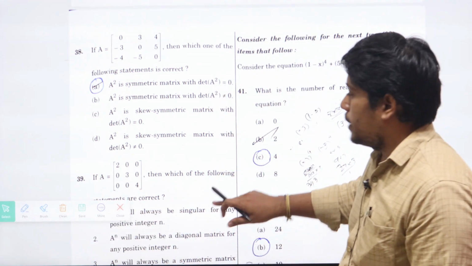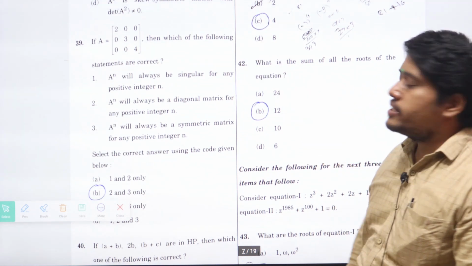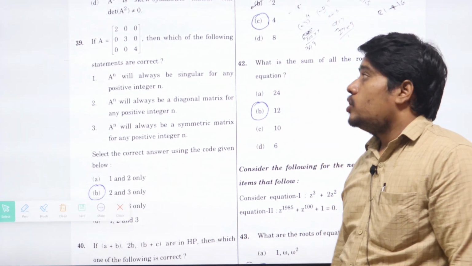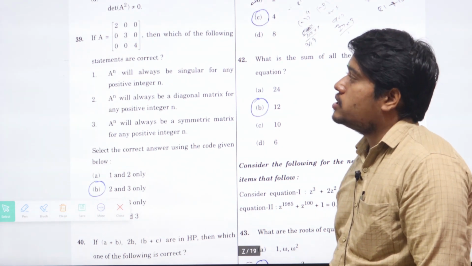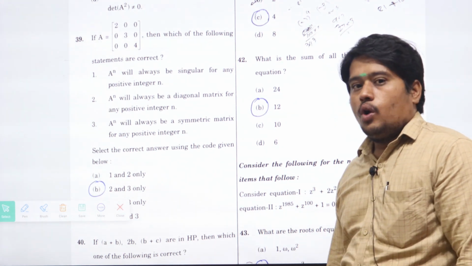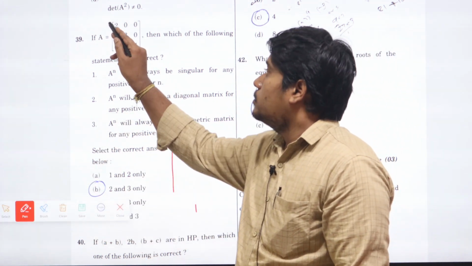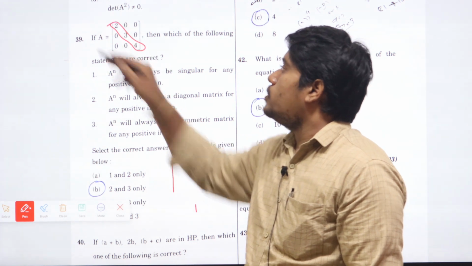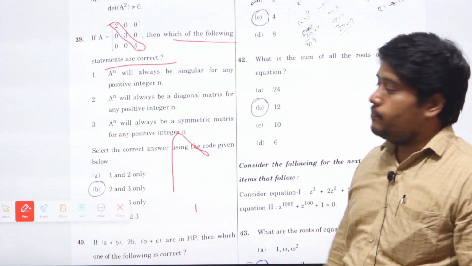Question number 39. If matrix A is 2, 0, 0, 0, 3, 0 and 0, 0, 4, only the diagonal values exist. The diagonal values are 2, 3, 4. Which one of the following statements is correct?